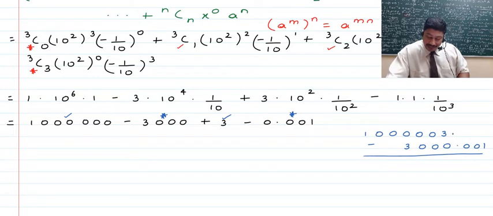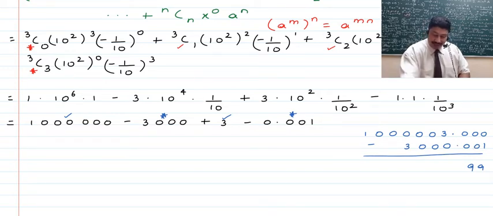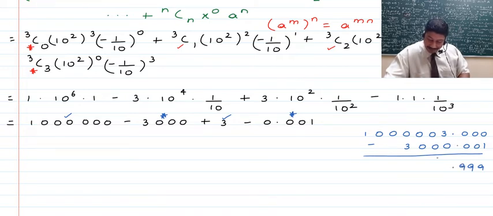Now, children, our next task is just to subtract. Now we can write here 3 zeros after the decimal. Further, 1 and 9 becomes equal to 10. Then we have 1 and 9, which becomes equal to 10. And further, we will again have 1 and 9, which will become equal to 10, right? And then further, next we can write this to be 1 and 2, which becomes equal to 3.